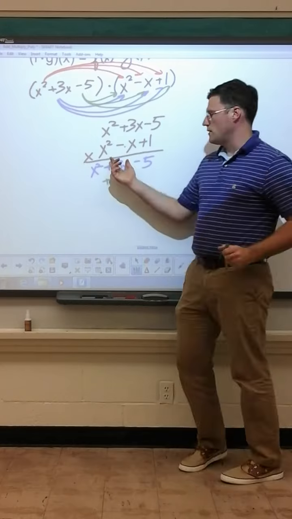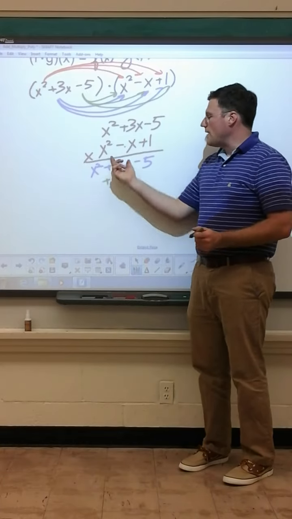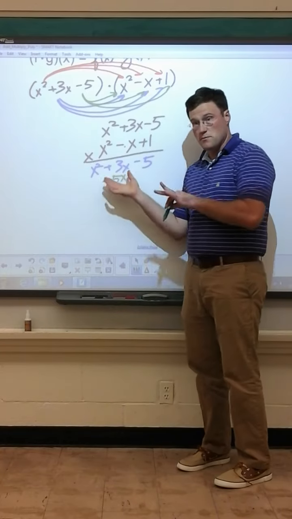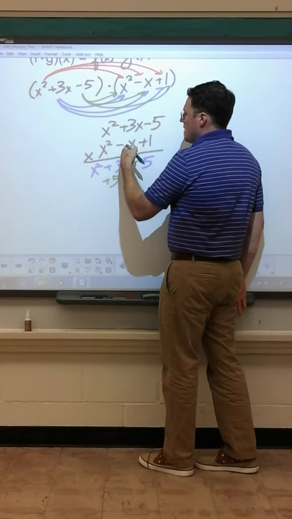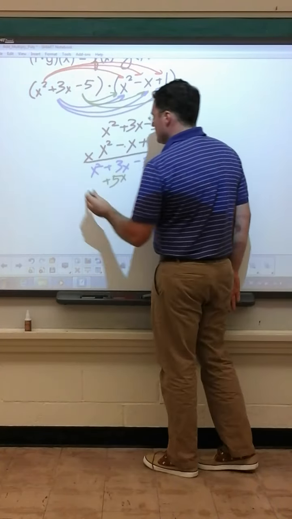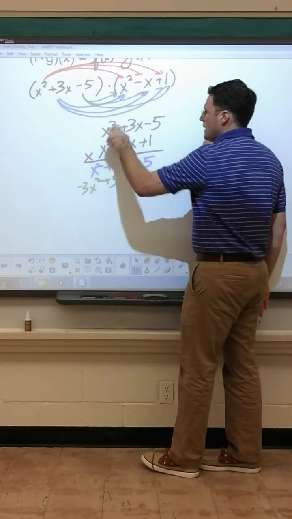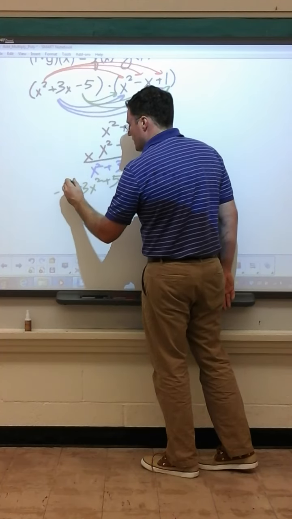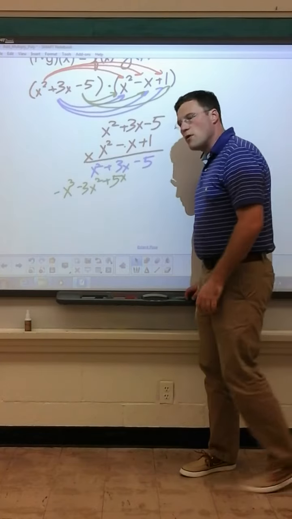And notice I'm going to do like when I add polynomials, I'm going to line these up by like terms. So this is a 3x here and I have a 5x here, so I'm going to make sure that they line up with their like terms. Okay? So I keep going. Negative x times 3x is negative 3x squared. Negative x times x squared is negative x to the third. Okay? That's just a review of multiplying variables.